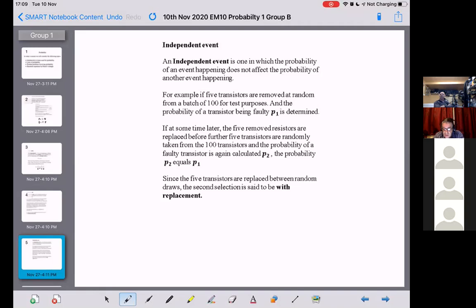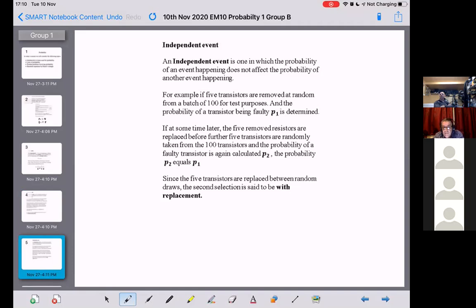The probability P2 equals P1. Since the 5 transistors are replaced between random draws, the second selection is said to be with replacement. So they're independent events because you've replaced them and you've made the sample size back to 100.